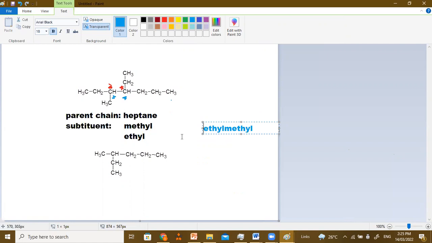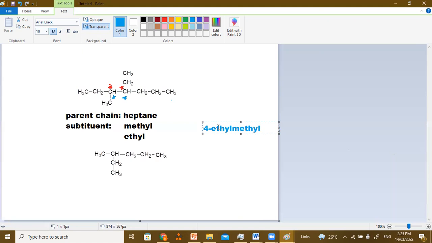Start counting from the left and the right. It's methyl, it's ethyl. So we always alphabetize our substituents. This is the general rule. And then we choose the lowest locant. For ethyl, you have carbon 4, and methyl is on carbon 3 if counting from the left.